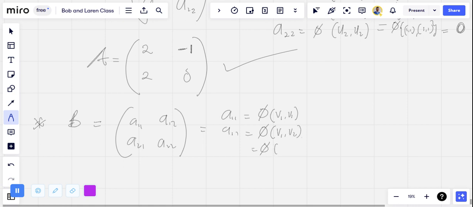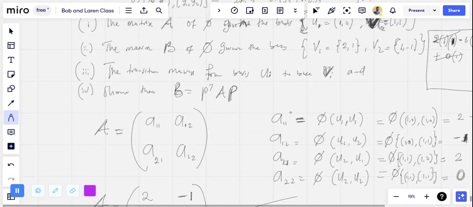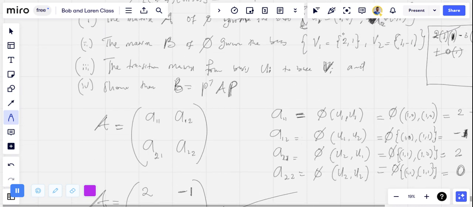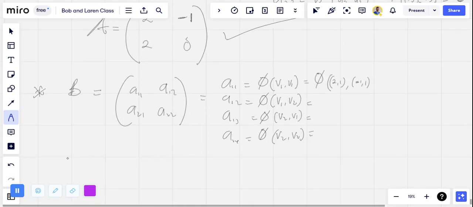This is A12, this is A13, this is A14. So this one will now be V2, V1. Do you remember that logic? V2, V2. Then you substitute also as well. V1 is given to us as 2, 1. V2 is minus 1, 1, if I'm not mistaken. Let's check. 1 comma minus 1, sorry for that.